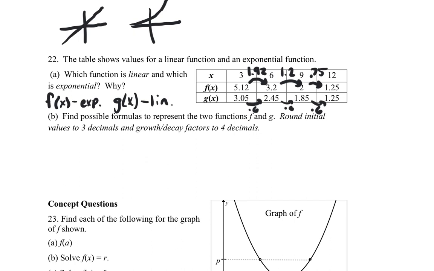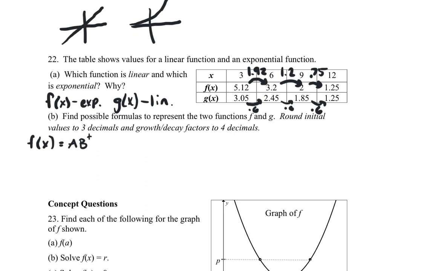Part B, find the possible formulas that represent functions f and g. Round values to 3 decimals and growth decay factors to 4 decimal points. Okay, so for f, we know f is going to be exponential, so that means it's going to have a formula of a times b to the t.